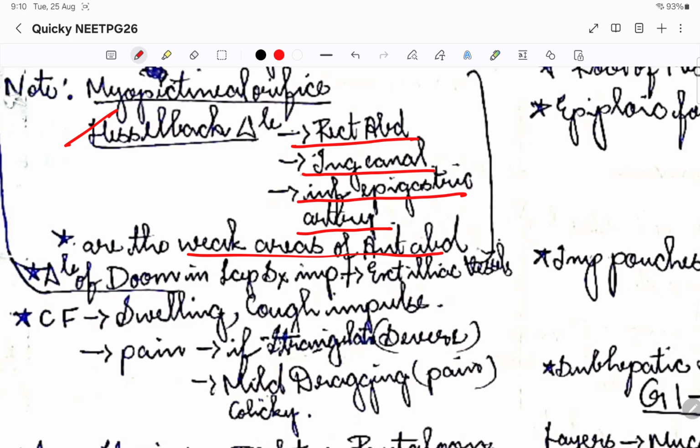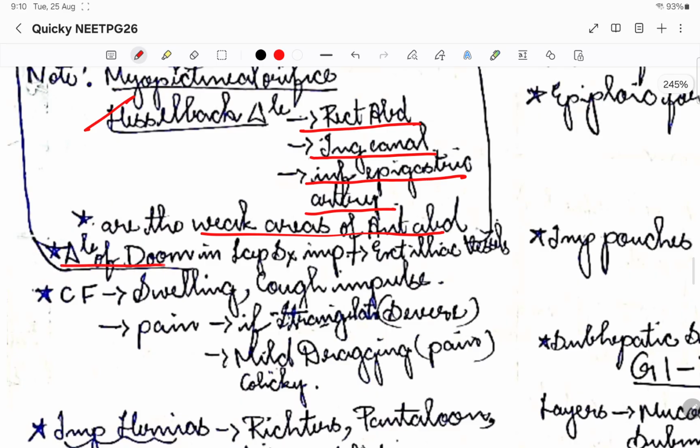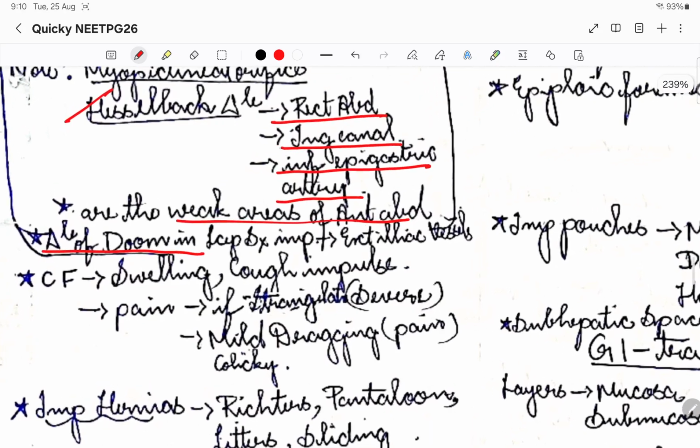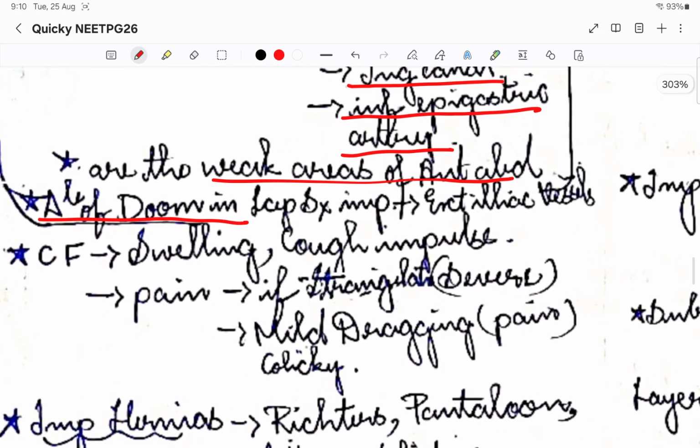From inside, there is something called the triangle of Doom. We are discussing some related anatomy with respect to hernias. The triangle of Doom is seen when we are doing a laparoscopic surgery for hernia. Its boundaries are formed by the vas deferens, and on the lateral side the vasculature.